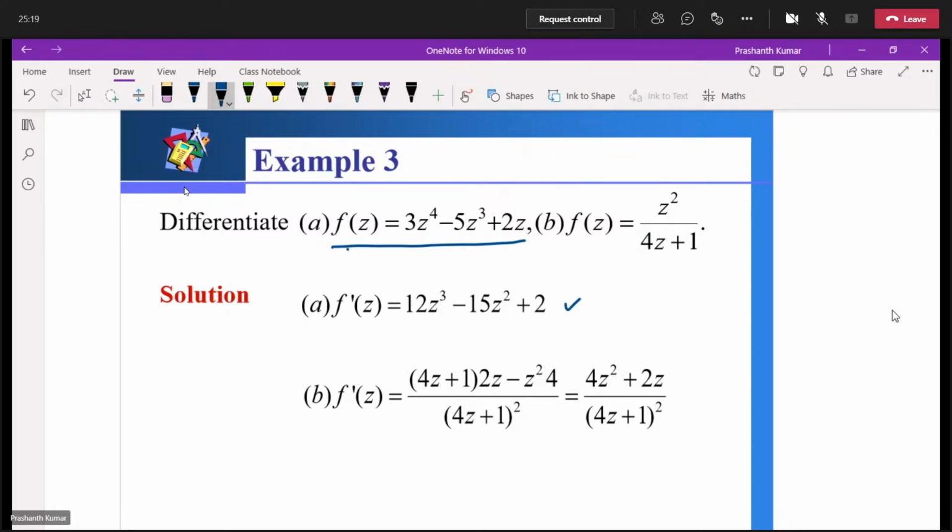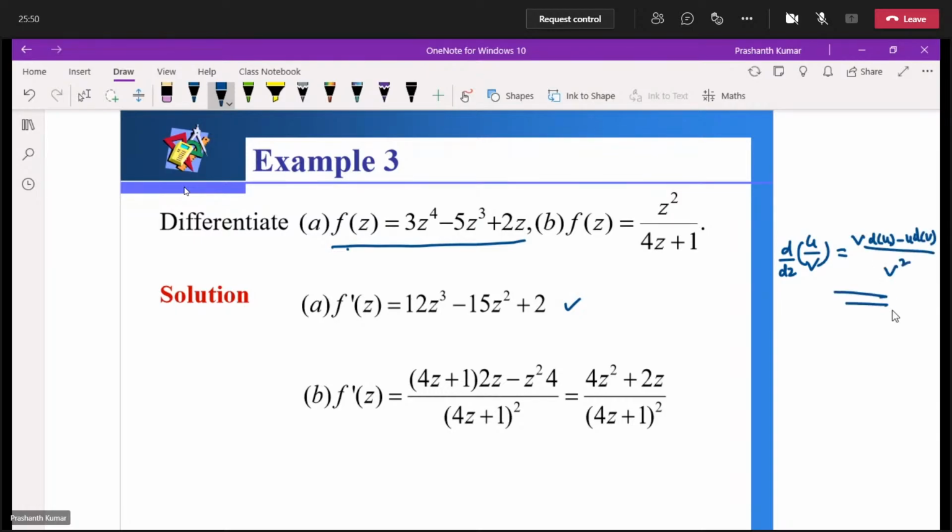The second one is f of z is equal to z square by 4z plus 1. Here we apply the u by v rule. D by dz of u by v is v into the derivative of u minus u into the derivative of v, by v square.